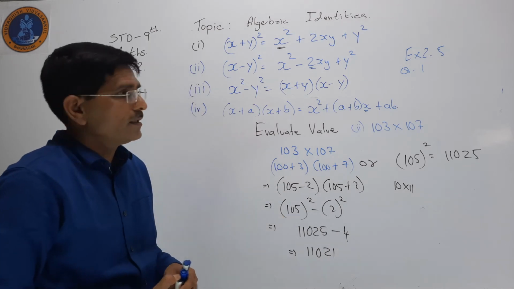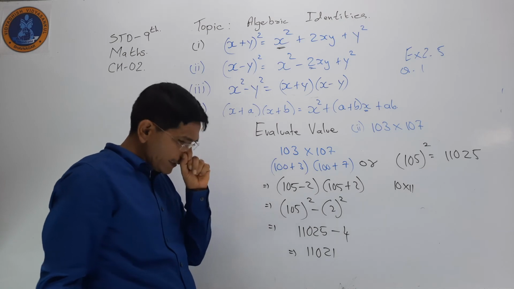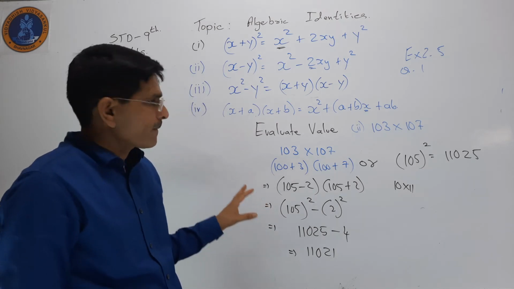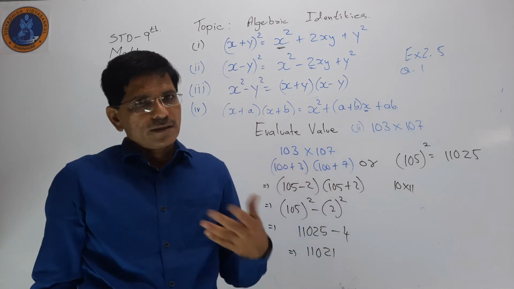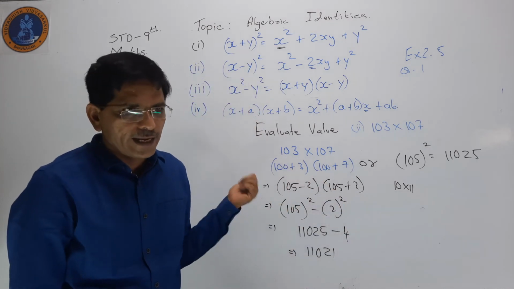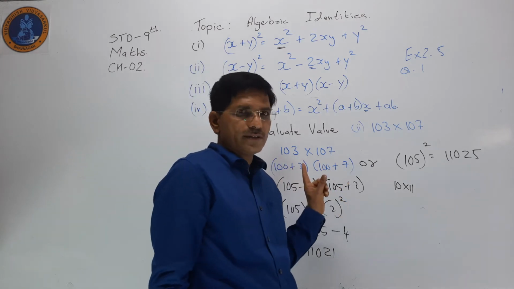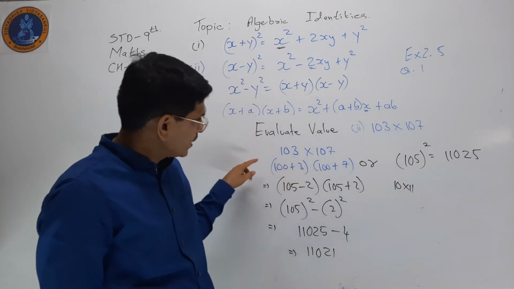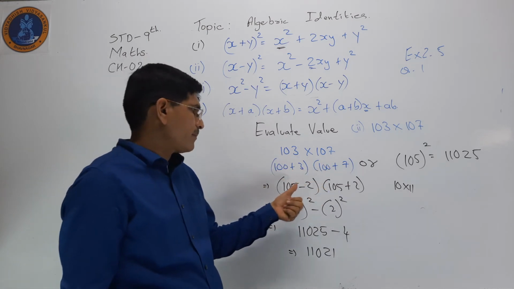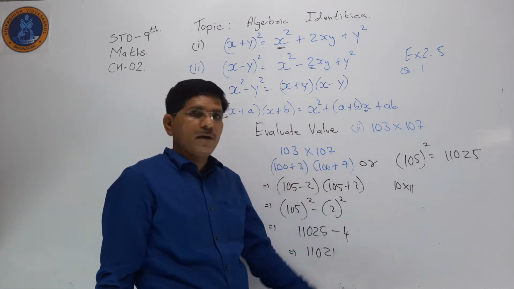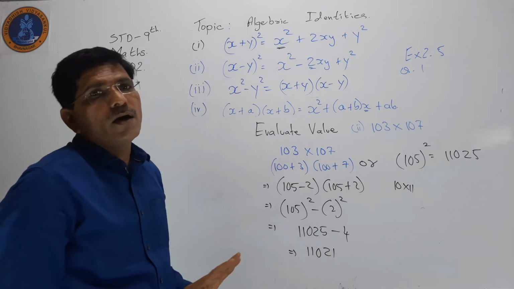Very easy. That is how to evaluate the value. Is it clear to everyone or not? Mostly the video covers it, and we can also discuss in the doubt section, where you can ask me again if you have a doubt. So 103 into 107, we can do by 103 plus 107, or another way, 105 minus 2, 105 plus 2, so we can implement the second formula also.